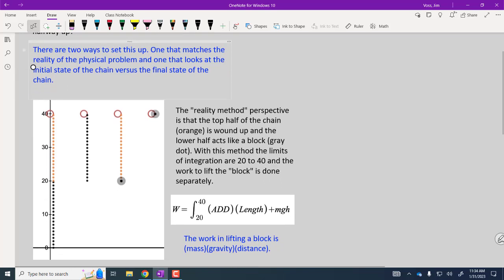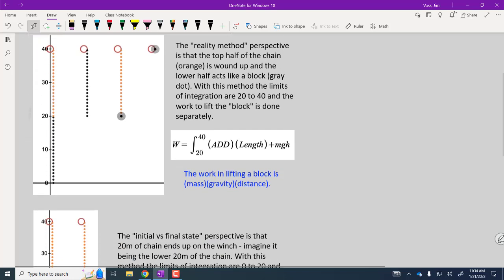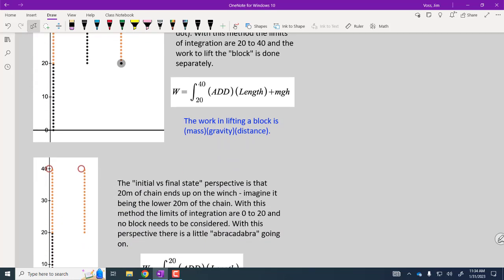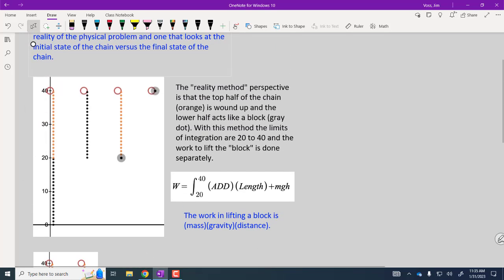So this is done the typical way. There are 2 ways to approach it. You can approach it with what I'm referring to as the reality method, or you can approach it with an initial versus final state perspective. Let's first look at the reality method. If we're going to wind it up halfway, here's the top half of the chain, 20 meters. Here's the bottom half of the chain, the lower 20 meters.